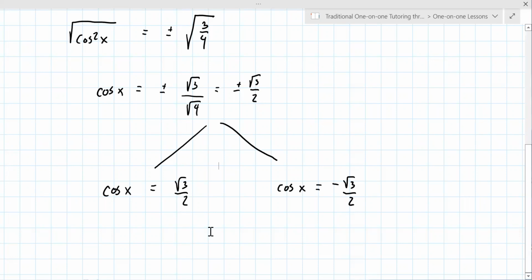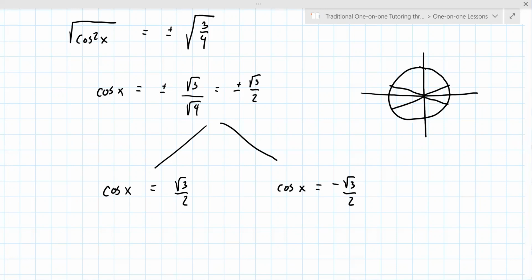So could you tell me these answers here? Again, it's on the unit circle. You're looking for where the x value is root 3 over 2, and then negative root 3 over 2. There should be four values altogether. 7 pi over 6 is where it's negative root 3 over 2.